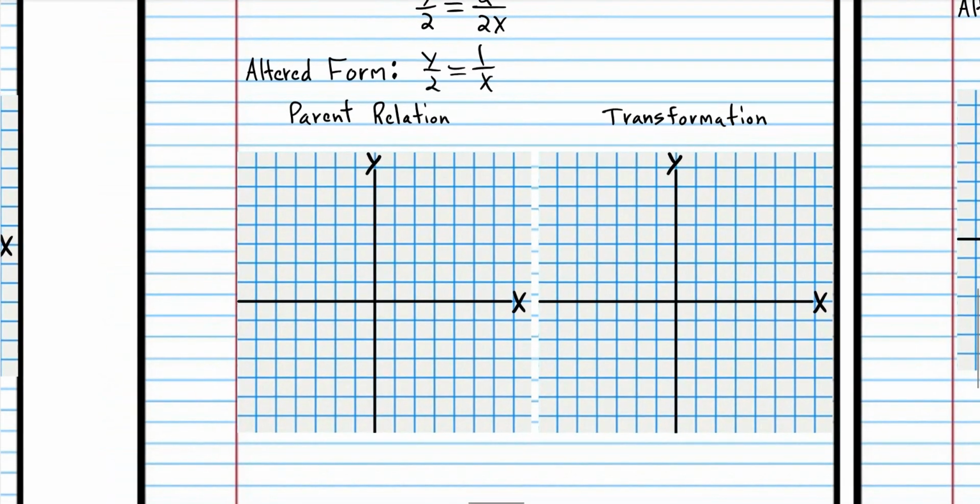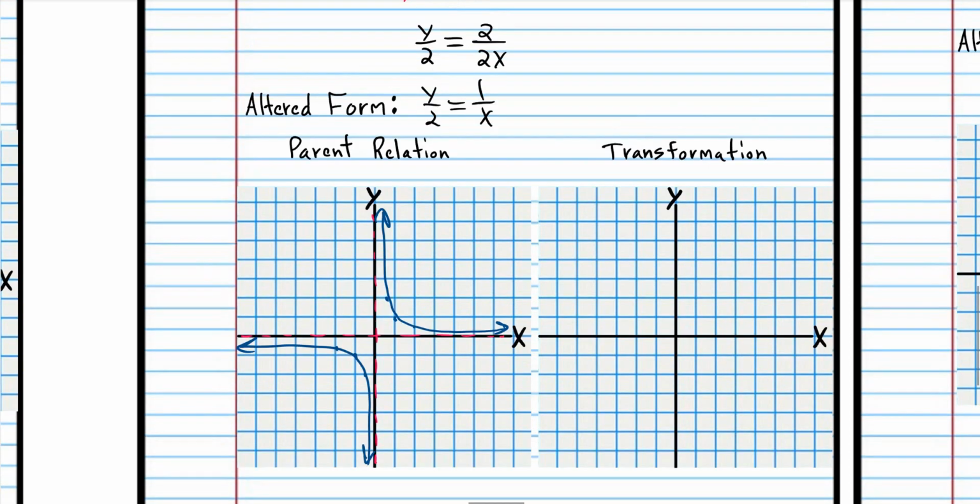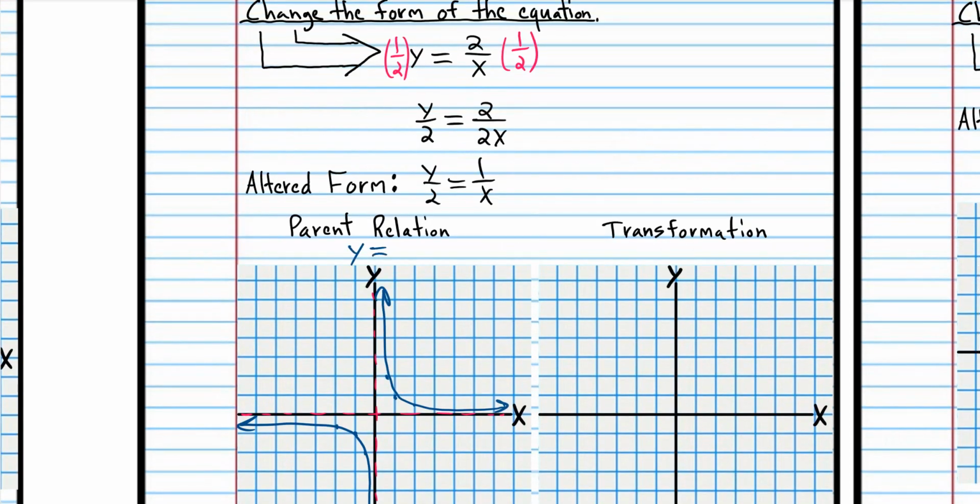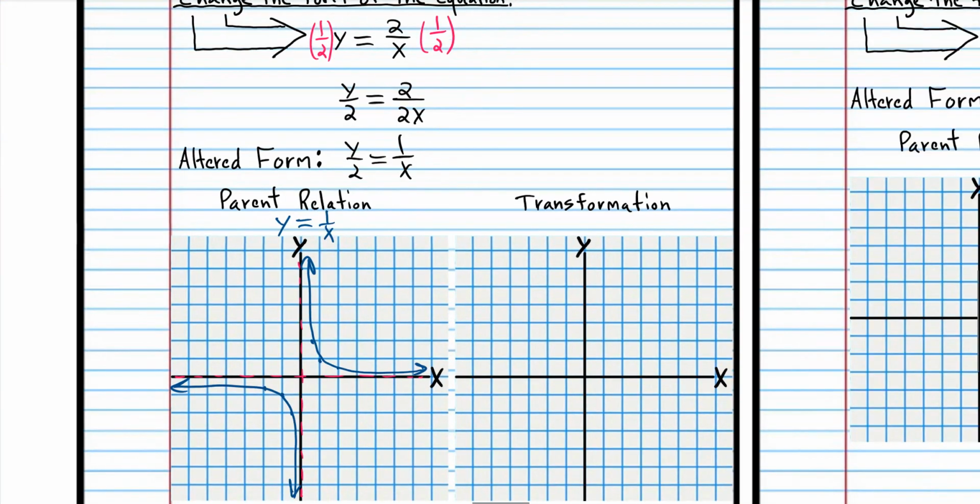So again, I know you just graphed this parent graph, but this is good practice. I want those 6 reference points. Again, you need to know these graphs like the back of your hand. So even though you're graphing the same parent graph over and over again, I want you to do it. It's very, very good practice.